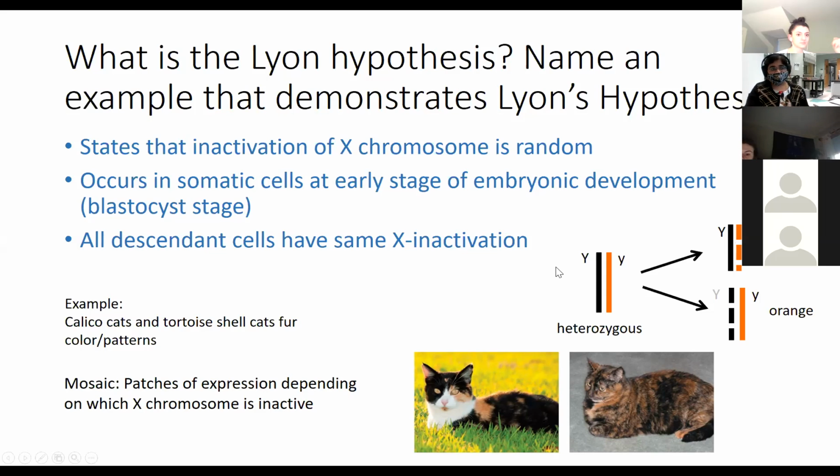Even though it says it's complete, it's not exactly completely inactivated, because in the beginning of development you see some inactivation, and some genes escape the inactivation process. So that's how you end up with two different colors on a cat, because this is saying that it's incomplete inactivation. That makes more sense.